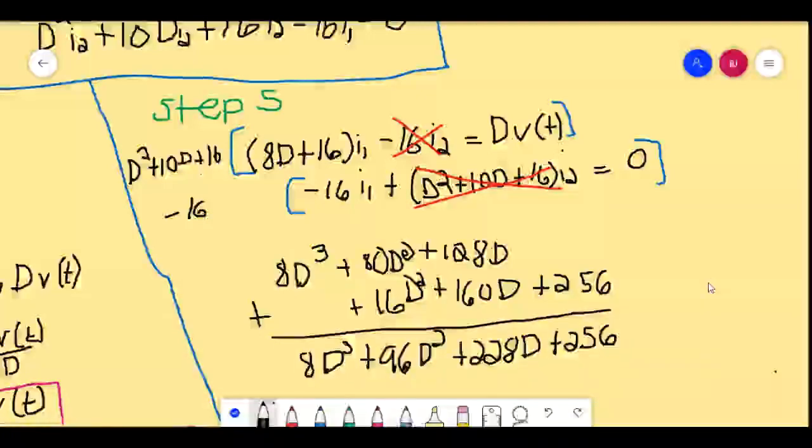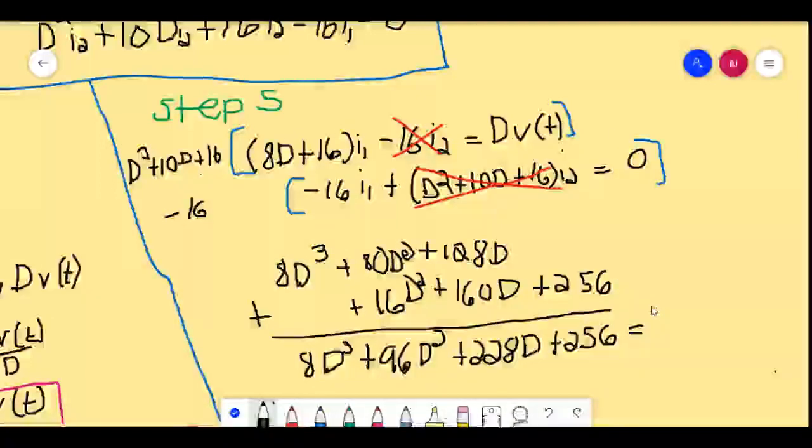There we go. 8d cubed plus 96d squared plus 228d plus 256 equal to this one, no? What did I do? Oh, equal to dvt.